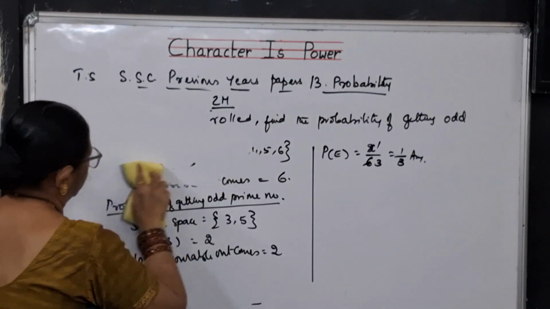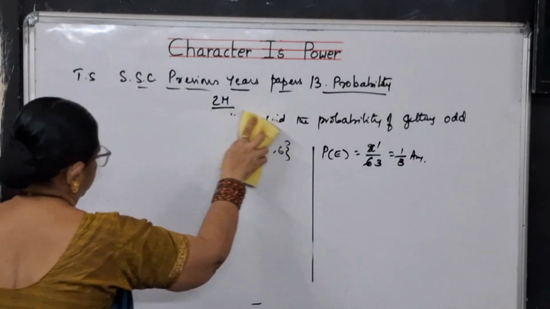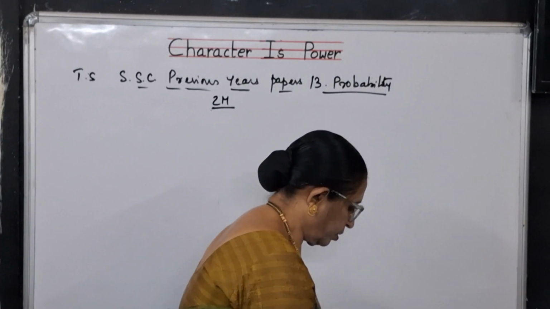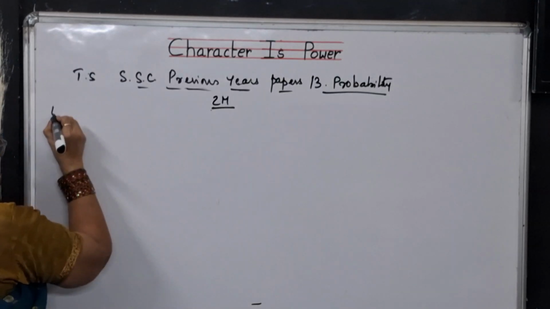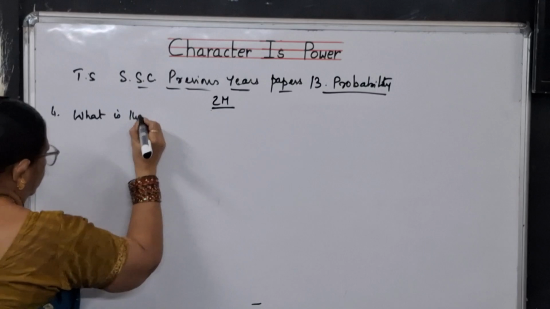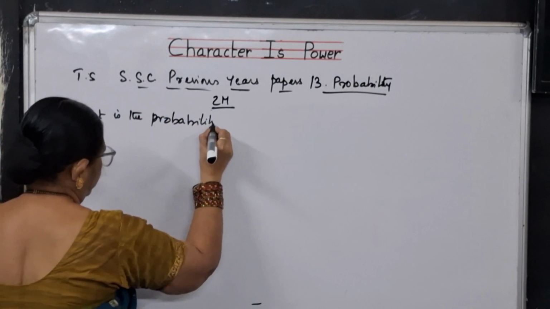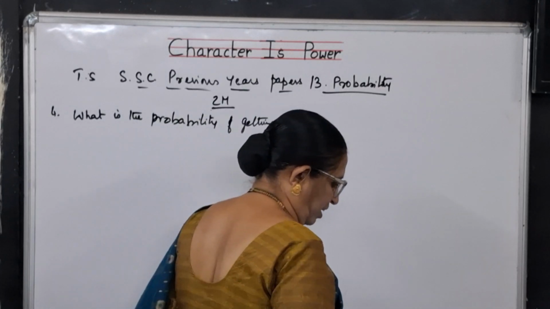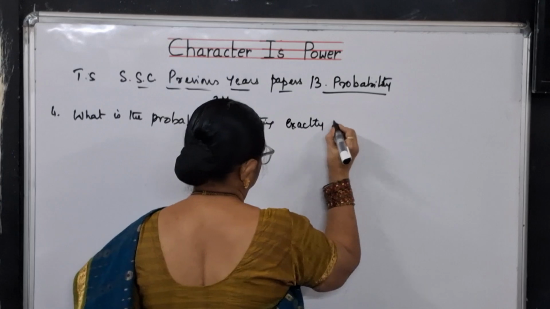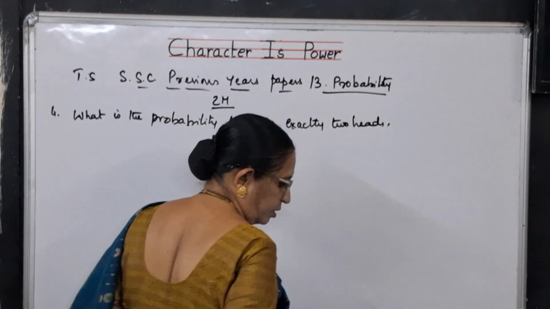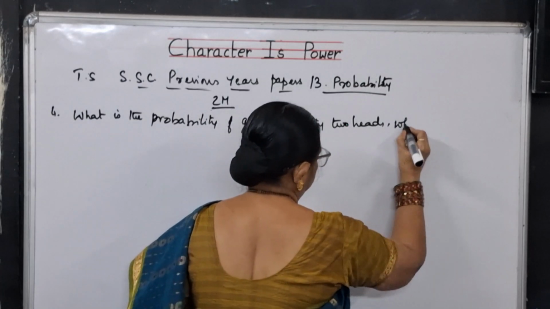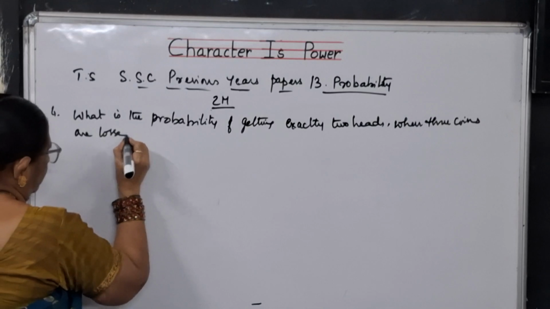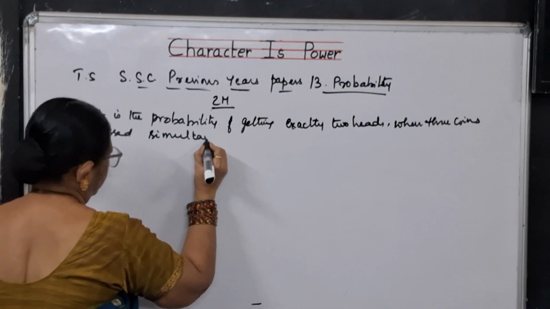Now, the fourth one. What is the probability of getting exactly 2 heads when 3 coins are tossed simultaneously?